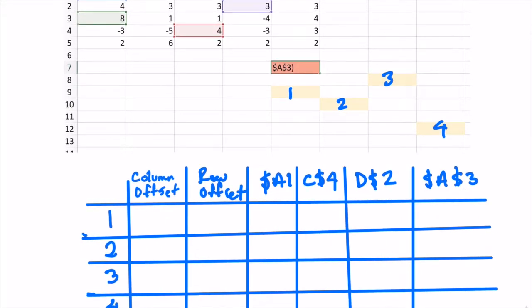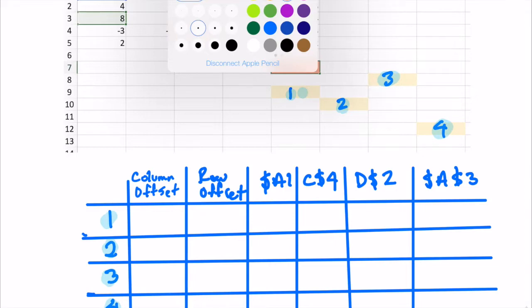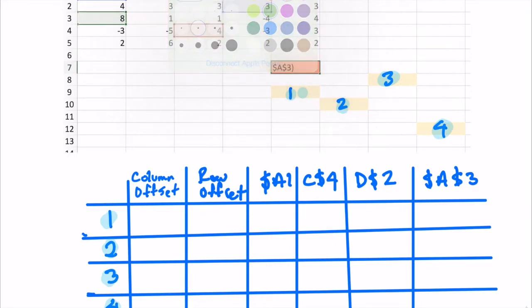I've made a table here in advance to help us think of this. I've labeled 1, 2, 3, 4, which corresponds to the cell numbers. From there we can look at the column offset for each of the cells.